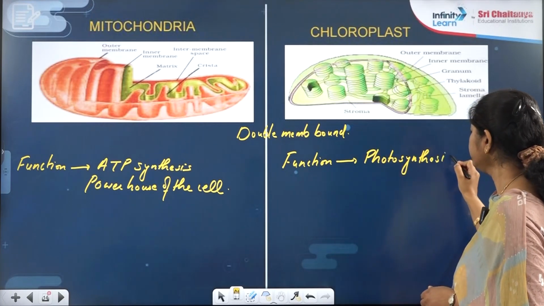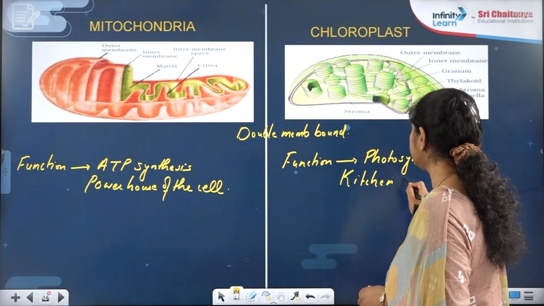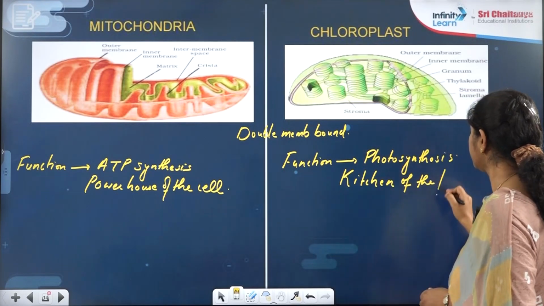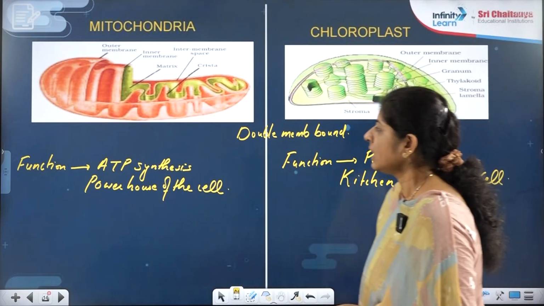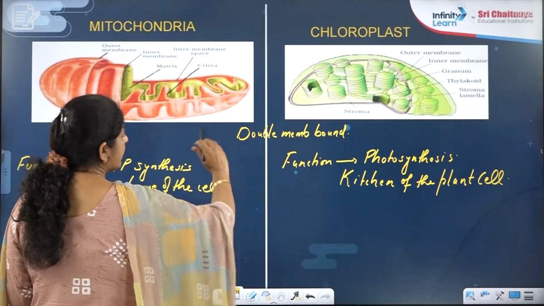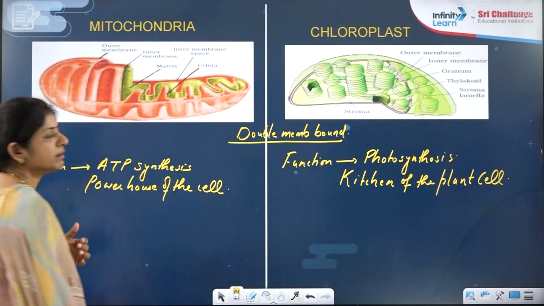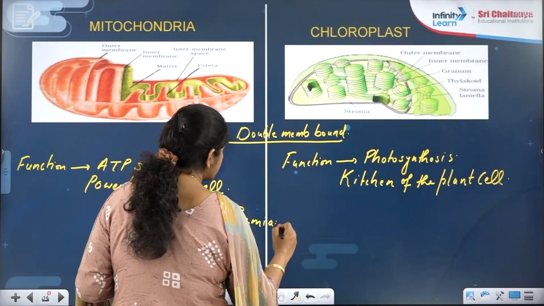That's why you can call it the kitchen of the plant cell. Now, next are the things which are similar. See which are similar, I have written on the line itself. Both are double membrane bound. Both are semi-autonomous cell organelles.